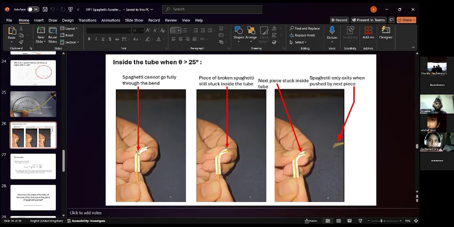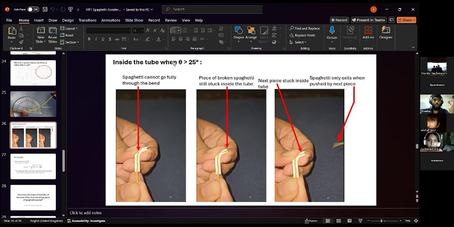When the spaghetti is pushed through the bend and theta is greater than 25 degrees, the spaghetti can't actually move through the bend. When it's less than 25, the spaghetti can move through the bend and only fractures once a little bit of it has already moved through the bent part and gone to the second part of the tube.